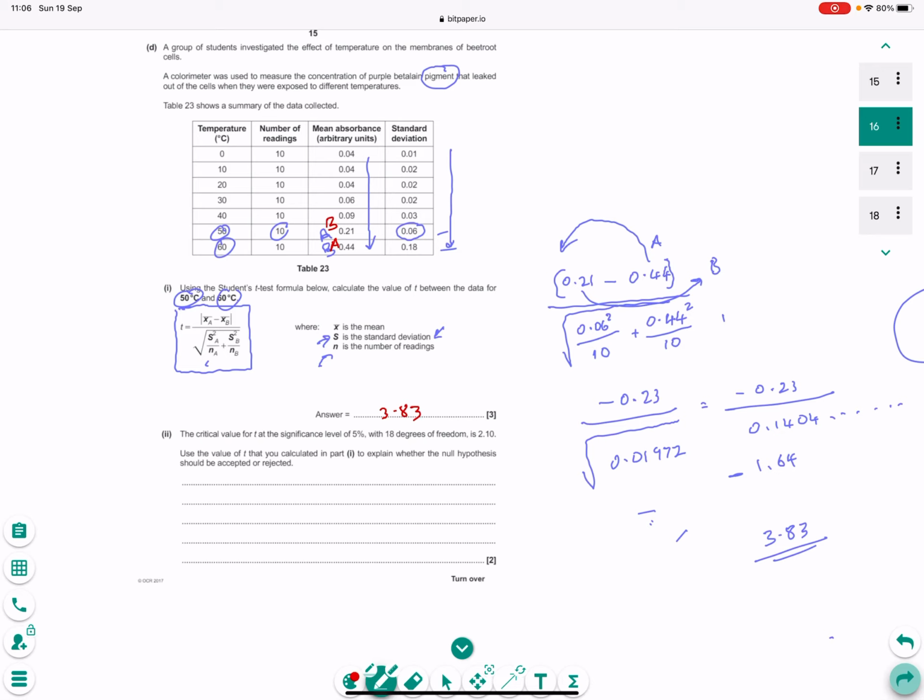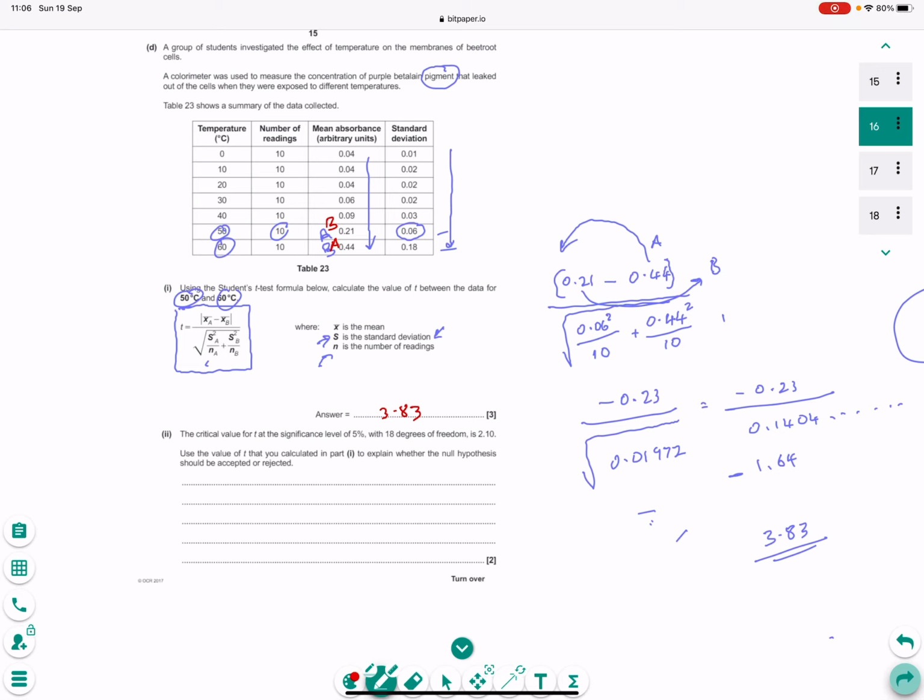The critical value for T at the significance level of 5% with 18 degrees of freedom is 2.1. Use the value of t that you calculated to explain whether the null hypothesis should be accepted or rejected. This is always the same.